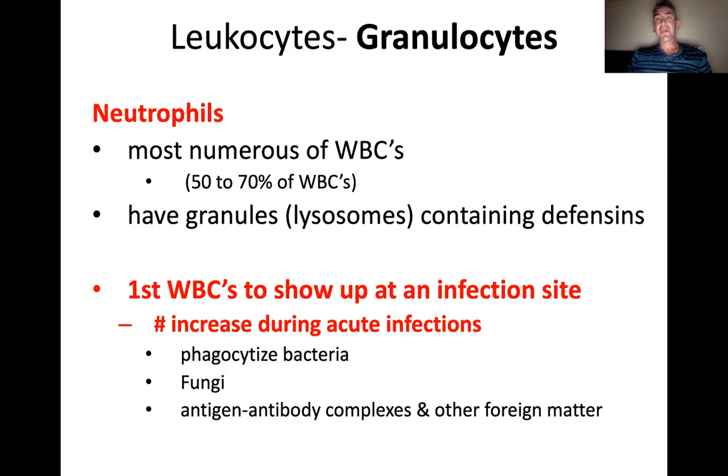We have very high numbers of neutrophils, and they're first to the scene there, right? They also can help out with fungi. They're not specialists with fungi, but they can help. And they're going to be involved in these antigen-antibody complexes that we're going to get into later in the immunology chapter.